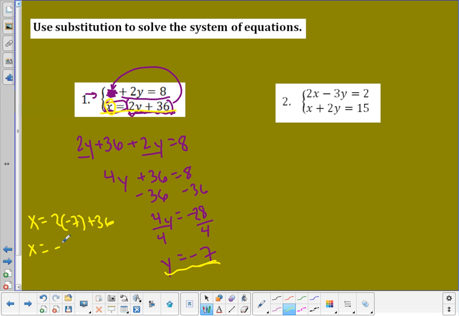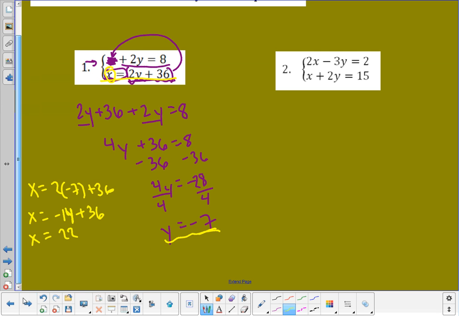That's x equals negative 14 plus 36, or in other words, x is equal to 22. So my solution here is (22, -7).